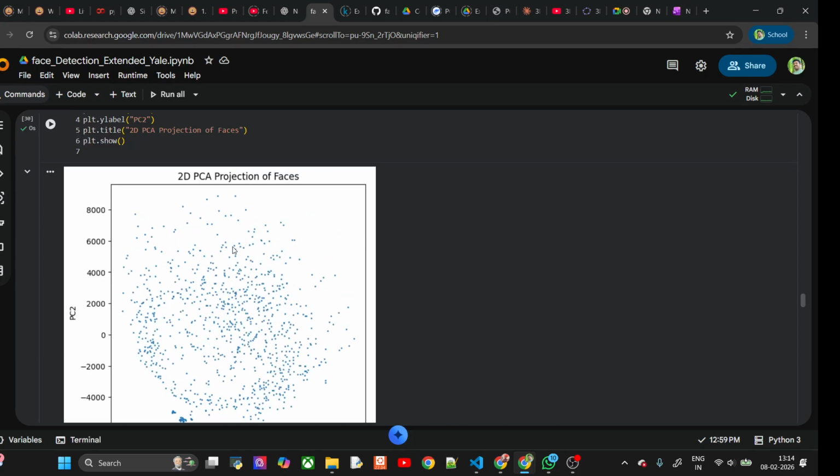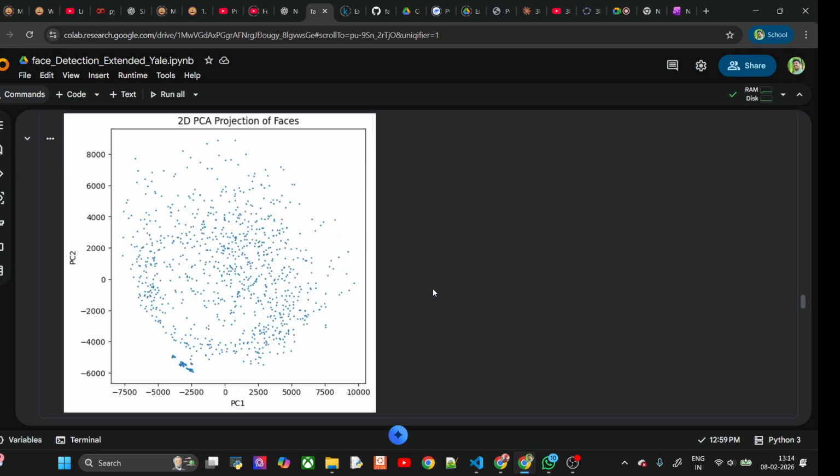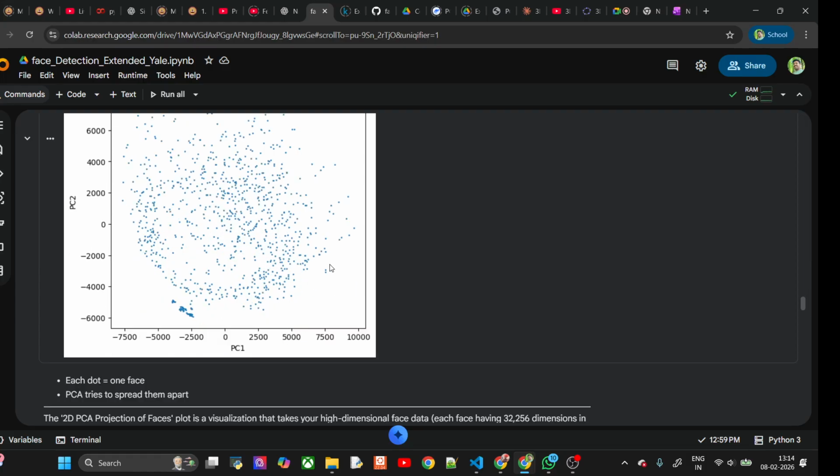I am projecting this big-dimensional data onto PC1 and PC2 and plotting that graph, where each dot is one face, 192 cross 168. How many faces do we have? For example, we took 1000 faces, so this graph has 1000 dots.